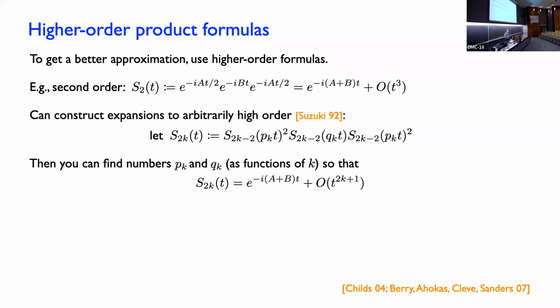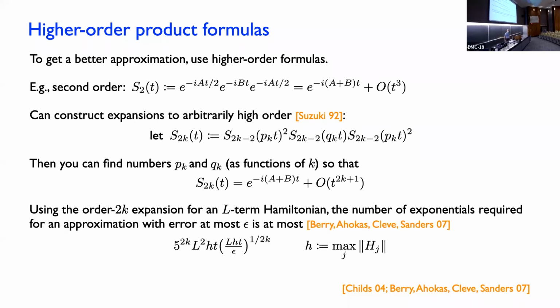There are just some formulas you can work out for what pk and qk are, and maybe you can do that during the break if you're looking for something to do. Okay, so that gives you a construction of formulas of arbitrarily high order, and that's useful for Hamiltonian simulation, and you can work out bounds on how many gates you need in order to give overall error epsilon along similar lines to the calculation that we did on the previous slide.